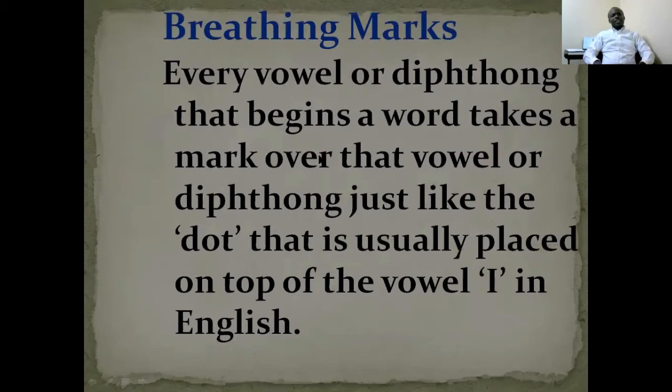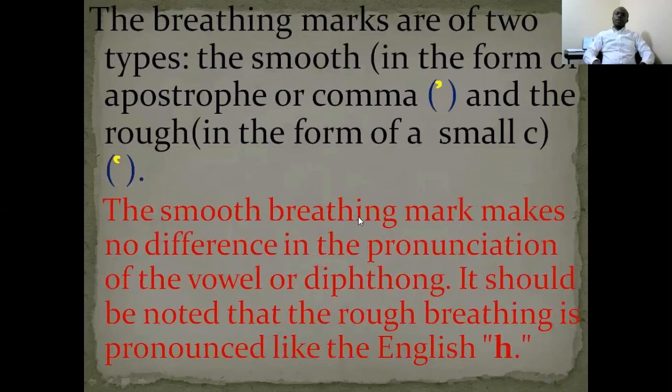All right. Let us look at the breathing marks. Every vowel or diphthong that begins a word takes a mark over that vowel or diphthong, just like the dot that is usually placed on top of the vowel I in English. The breathing marks are of 2 types. One, the smooth, which is in the form of an apostrophe or comma. Look at it in a yellow label. And the rough, in the form of a small c.